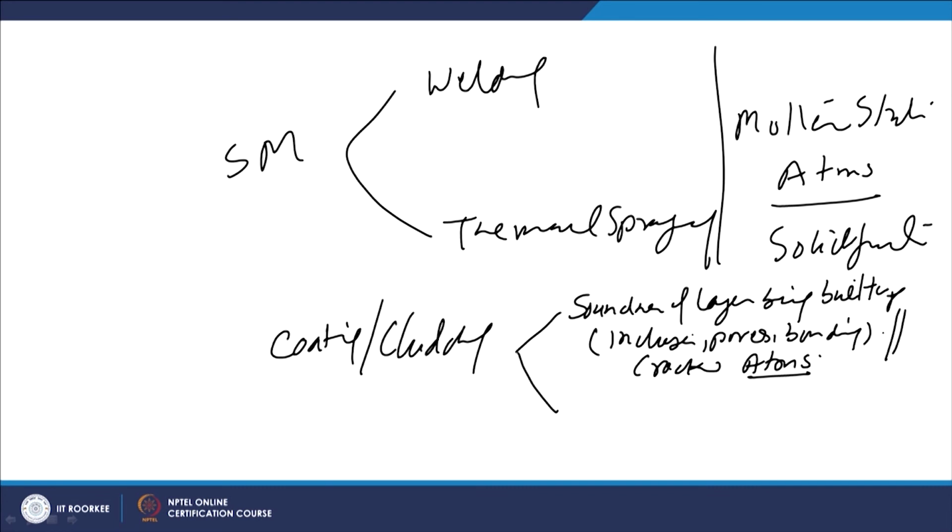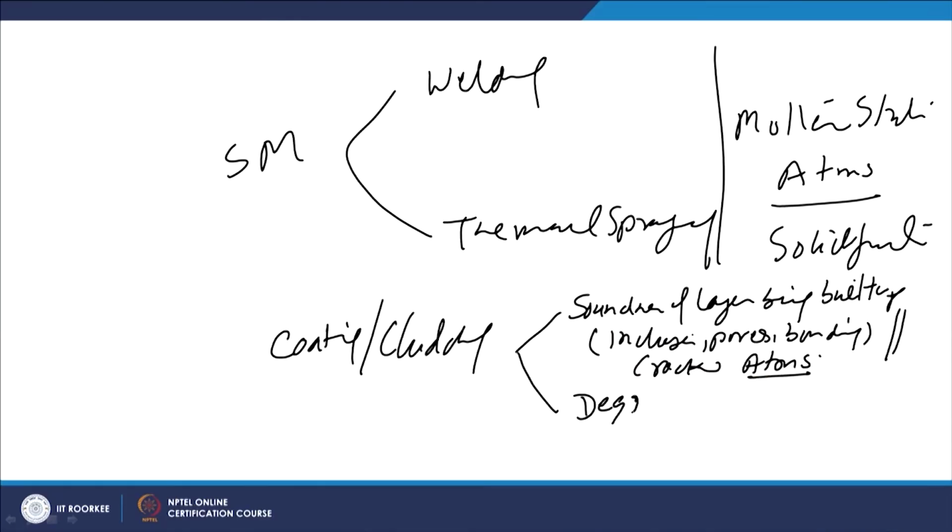And another aspect is, during surface modification using either welding or thermal spraying, what kind of degradation occurs in the quality of the material being used for surface modification.